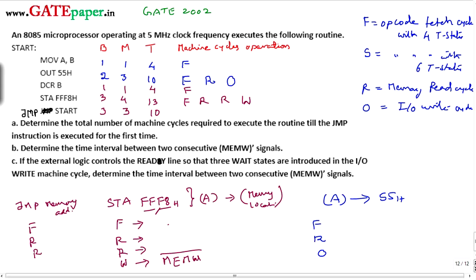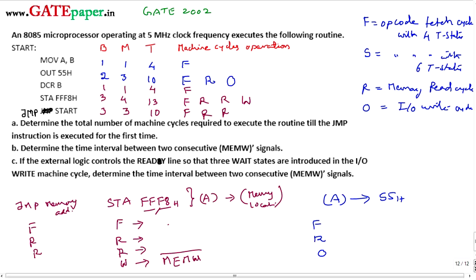So this can be written as F R R. Jump start requires 3 machine cycles. First machine cycle is opcode fetch. Second machine cycle is memory read. Third is memory read. Memory read means it is reading 8-bit data from the memory location.